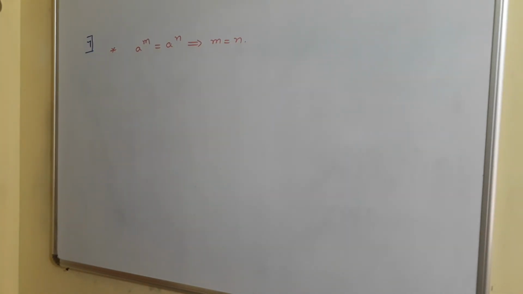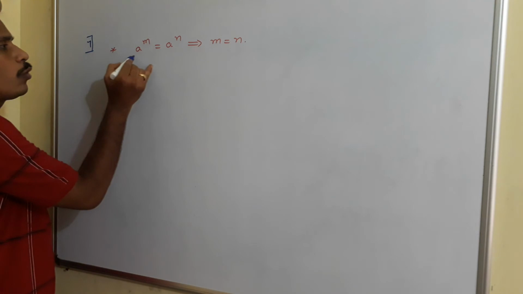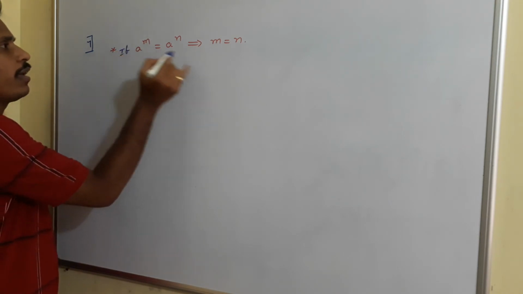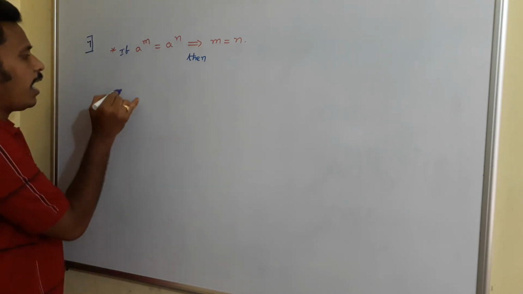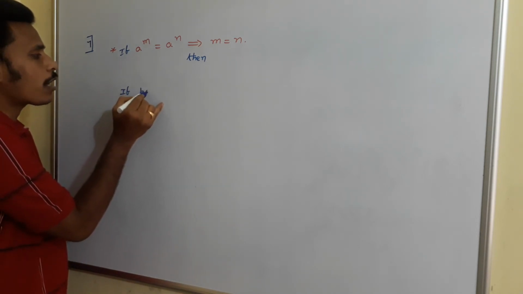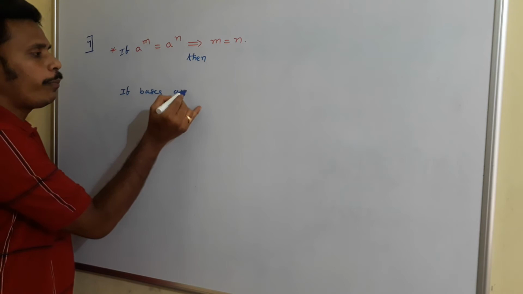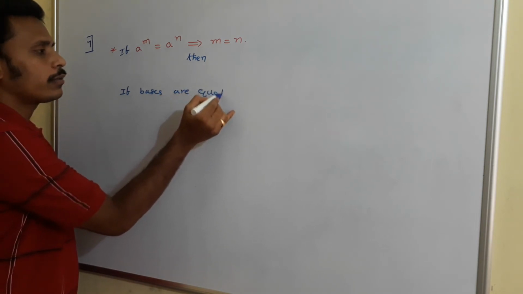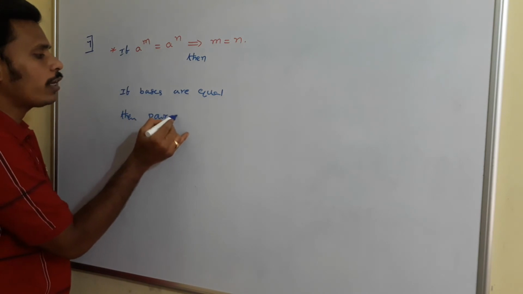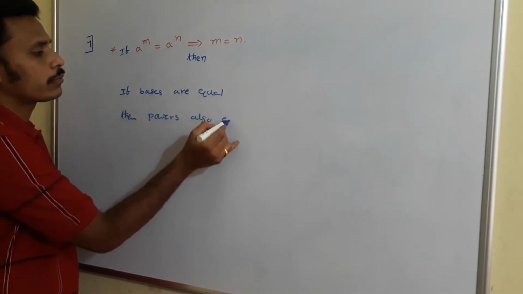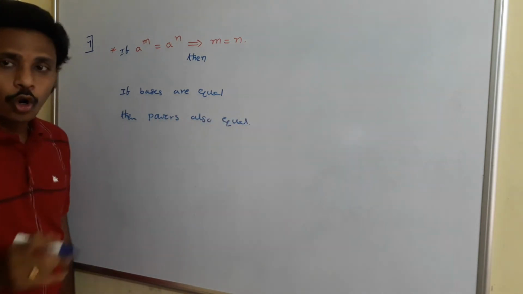See, just look here, the next law of exponents: if A power m is equal to A power n, then for sure m is equal to n. In words, we will say that if bases are equal, then powers are also equal. Okay, don't get confused.